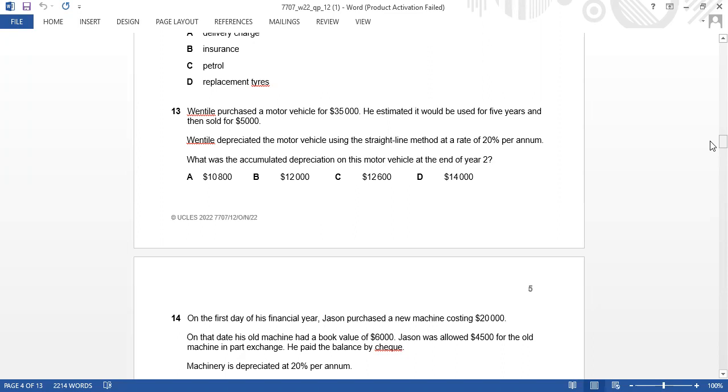Tile depreciated the motor vehicle using the straight line method at a rate of 20% per annum. So we'll do 35,000, it would be 30,000.